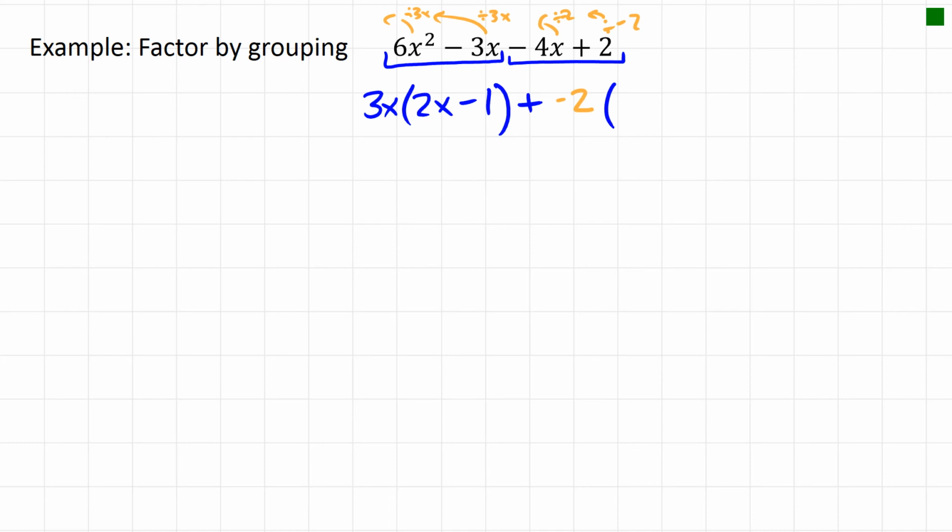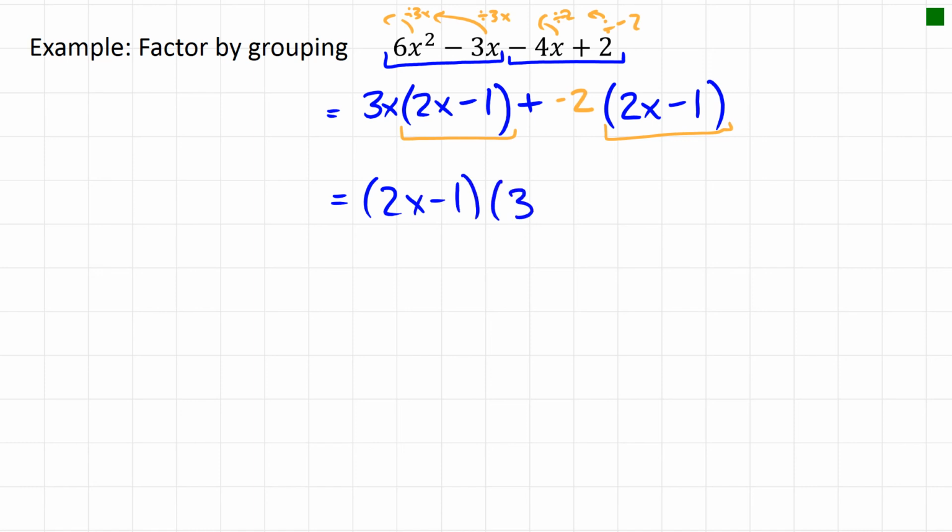So the reason I wanted to do that was because dividing by negative 2 changes the sign of that first term in the pair. So now I have 2x, and then 2 divided by negative 2 is negative 1, and now I've done the thing again where I have the same binomial on each term. So I'm using that negative sign to my advantage so that I can completely factor this expression.